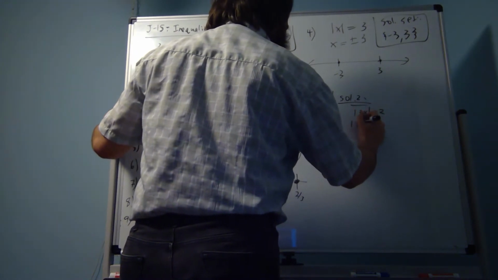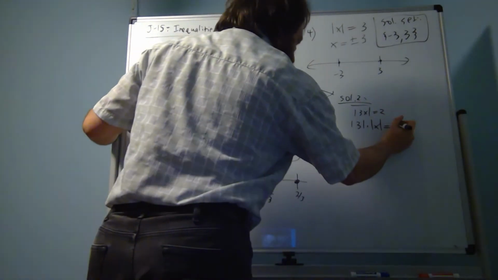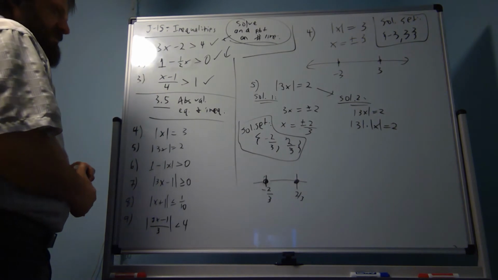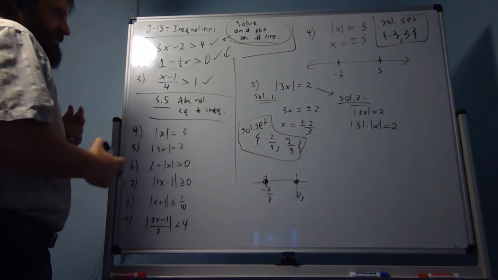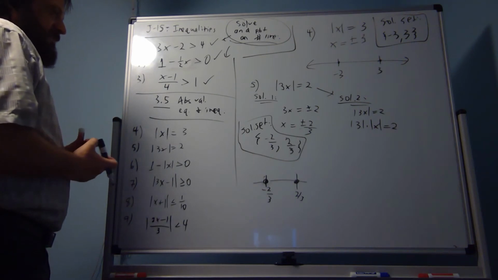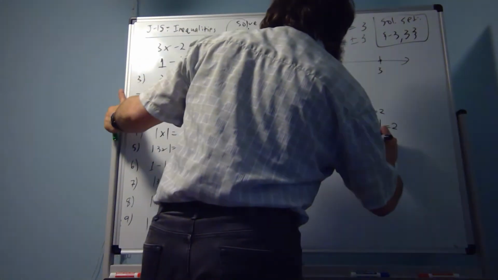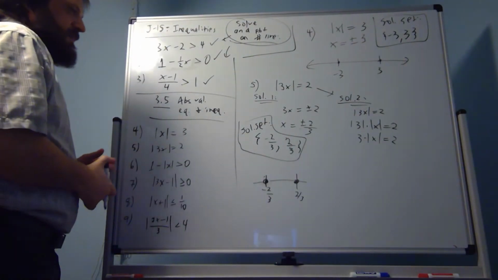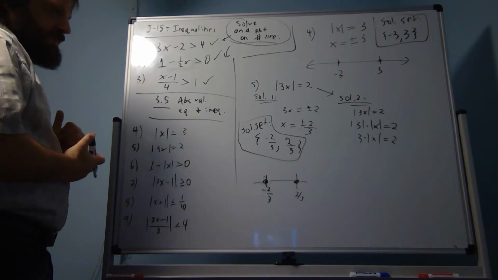Solution number 2 is a little bit fancy, but absolute value of A times B is just absolute value of A times absolute value of B, because either the whole thing's already positive or you just cancel out the minus signs. Whatever you do, you just cancel out all the minus signs. And if I don't like absolute values too much, I can distribute the absolute value and cancel a few things, and then I have something smaller that's easier to work with.